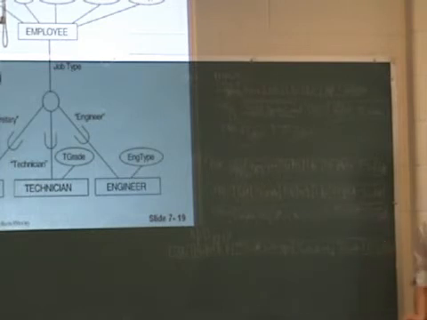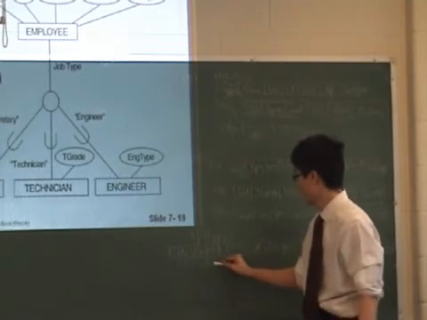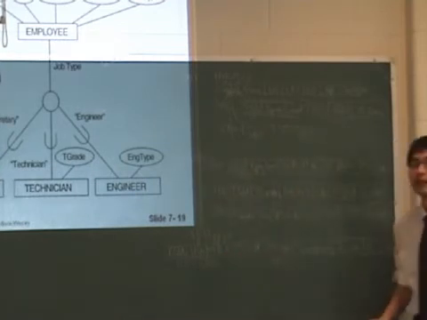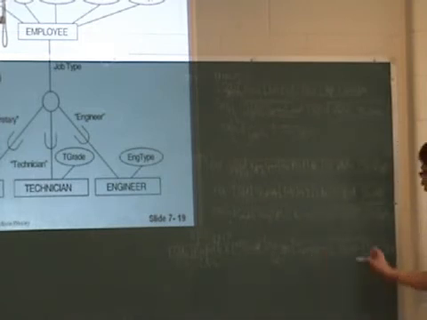Okay? For example, 111 Lee, whatever, job type is secretary, and typing speed 100 words per minute. What about T grade? That's not possible. In other words, it should be null data. Engineer type, null data.